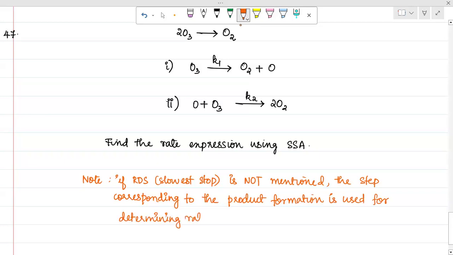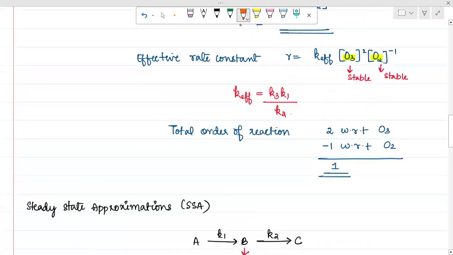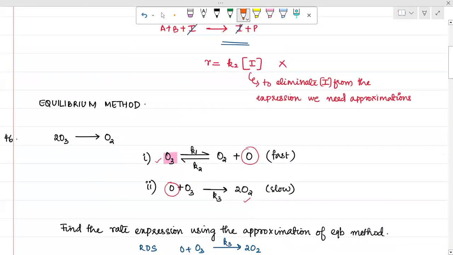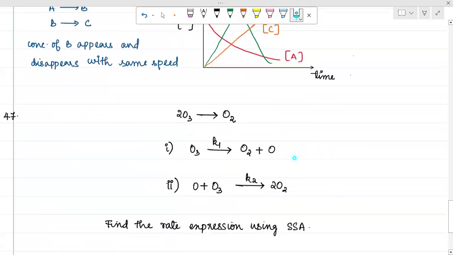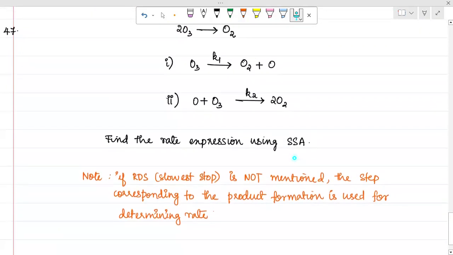Please understand that in the earlier question, there was a clear mention of the slowest step. Let's say that they don't mention it, it's okay. Always take the step where the product is being formed. Who is our product? O2 is our product.